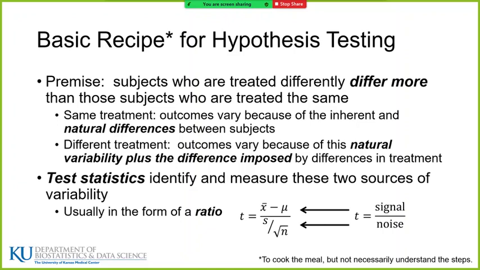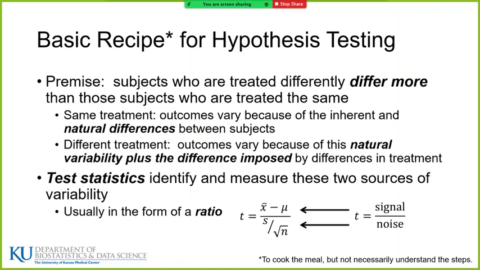But the premise in this basic recipe for hypothesis testing, again in the context of an experimental study where we're randomizing participants to either an intervention or a control, is that subjects who are treated differently should have outcomes that differ more than subjects who are treated the same.